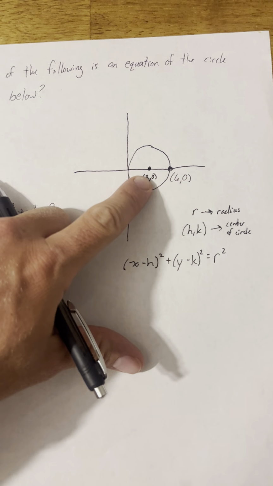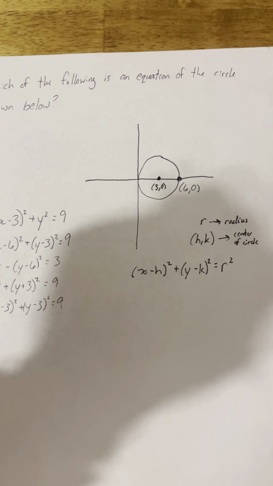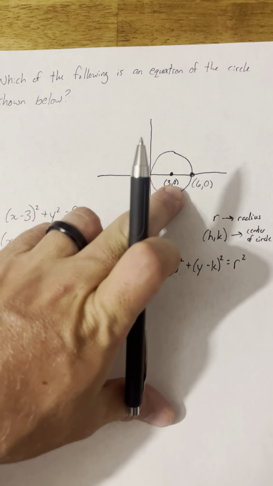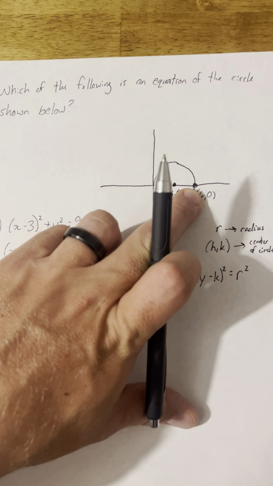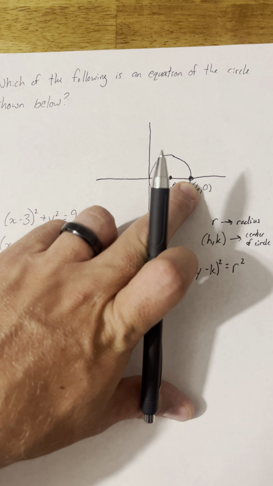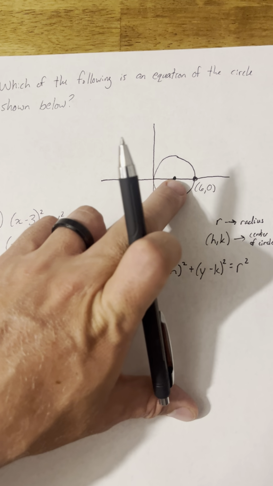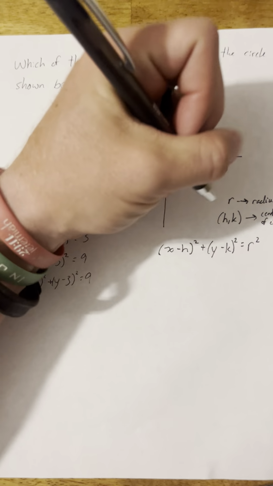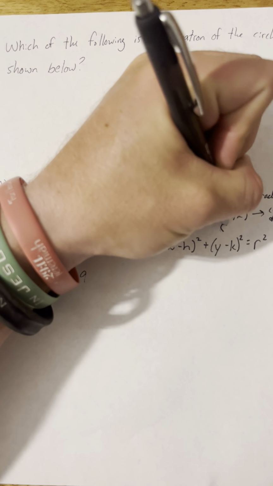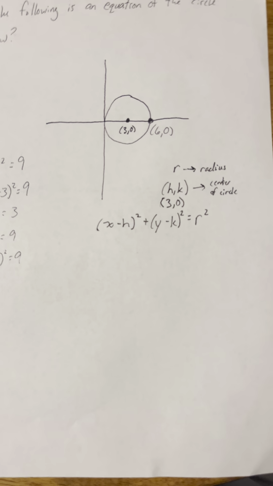So your center of the circle here would be (3, 0). So don't get that confused, because that's one way they'll try and throw you off here. They give you the (6, 0) and you might think that's what you use. That is not the number you're using here. It has to be the center point to fill in for (h, k). So (h, k) becomes (3, 0), because that's your center.